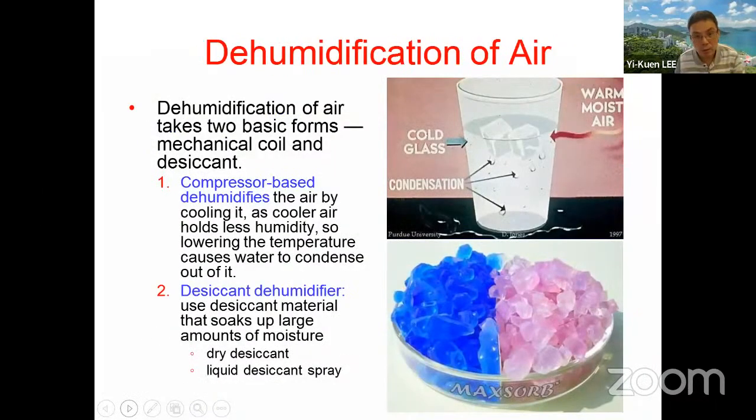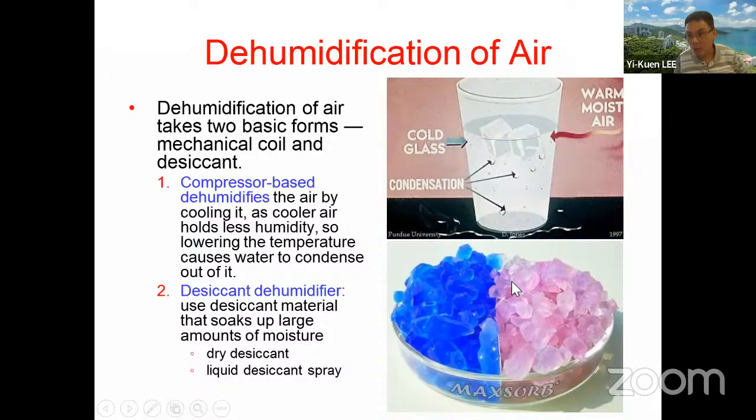The second solution is to use a dehumidifier, like a desiccant. That's the small bag from the parking shop, which is okay for a small area. But if you want to treat a whole room or building, that may not be good enough.